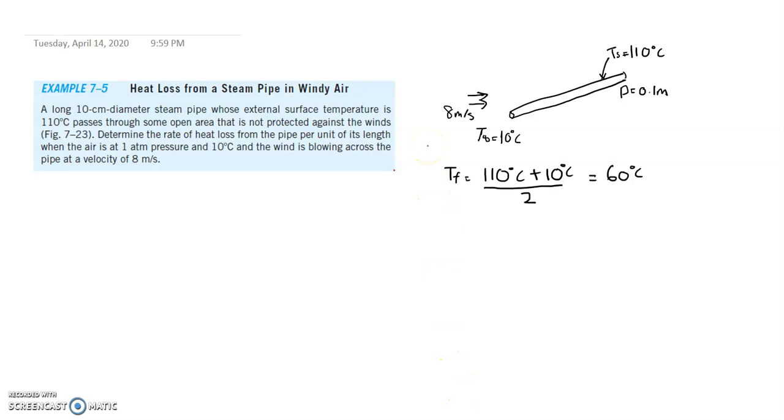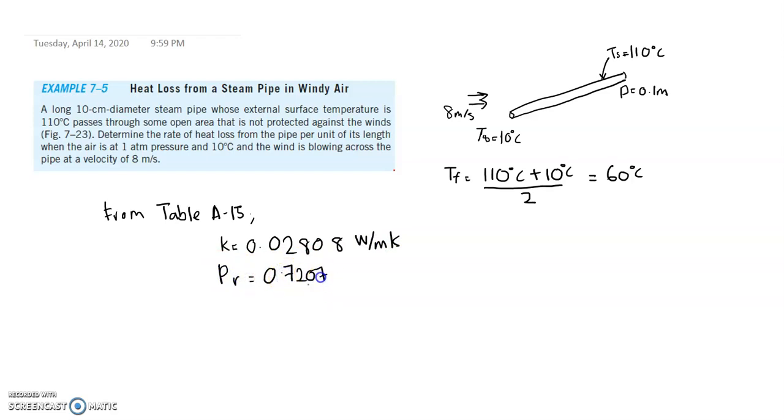From Table A.15 in the appendix, your k is 0.02808, your Pr is 0.7202, and your kinematic viscosity is 1.896 times 10 to the power of negative 5 meter squared per second.